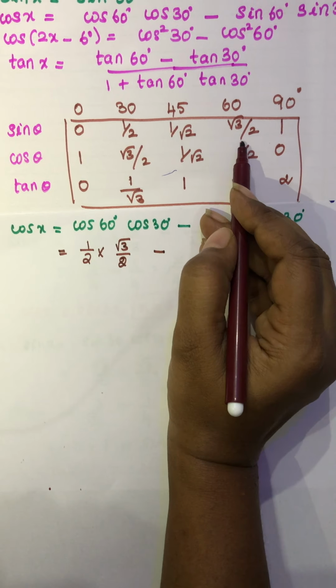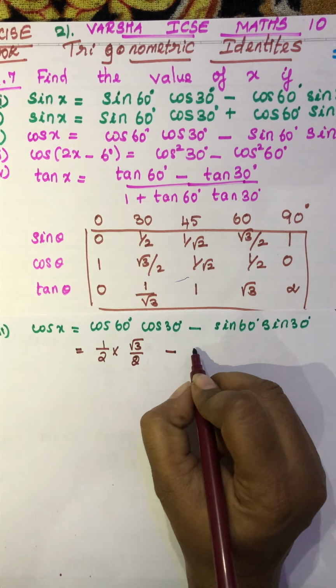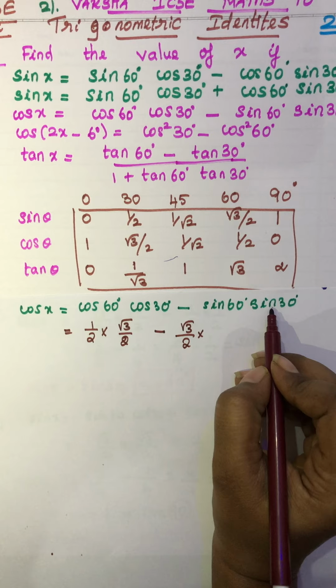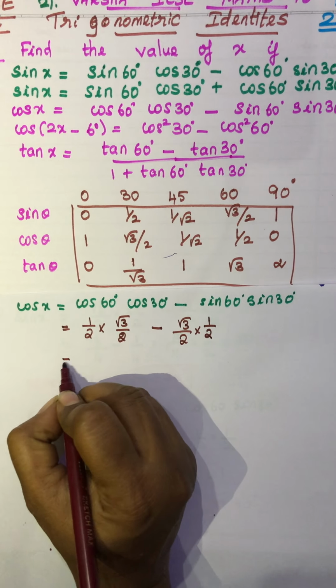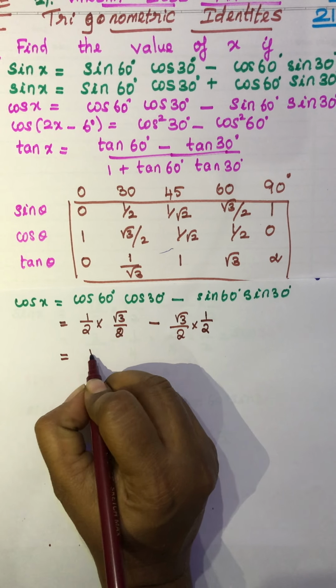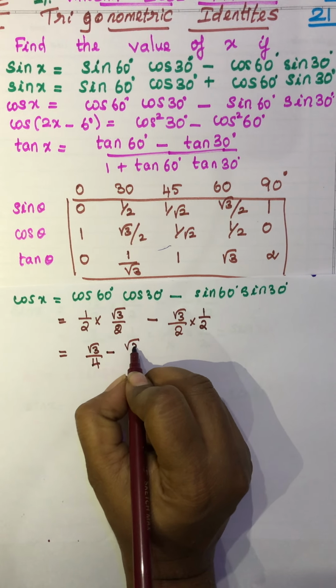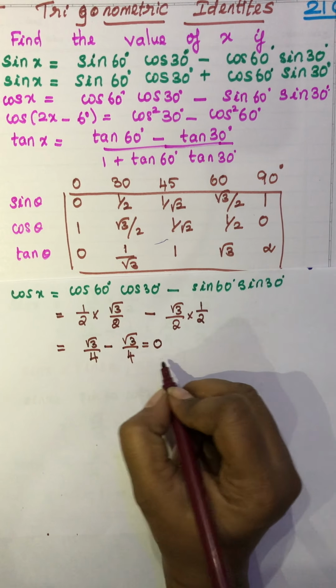What is the value for sin 60? Root 3 by 2, into sin 30. Sin 30 is 1 by 2. So just multiply, we get root 3 by 4 minus root 3 by 4. So we get 0. The value is 0.